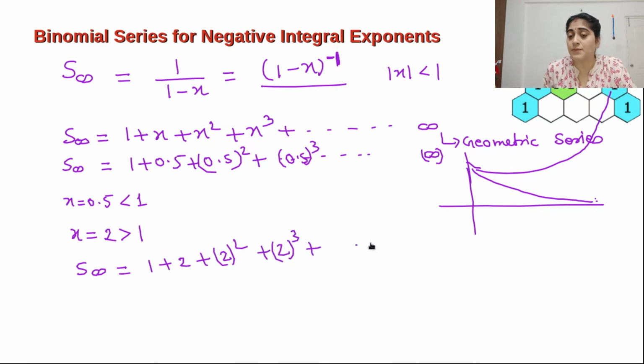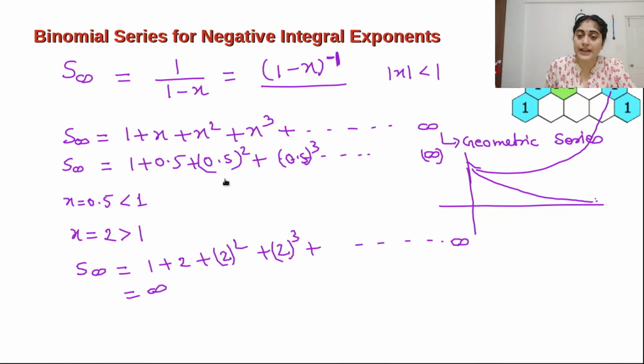This time the series is going up to infinity, so it will never give you any result. It will completely diverge, coming upside. The answer is always infinity, so it will not give you any results. This is the diverging form, and if you are not finding any result, then there is no meaning to that series.